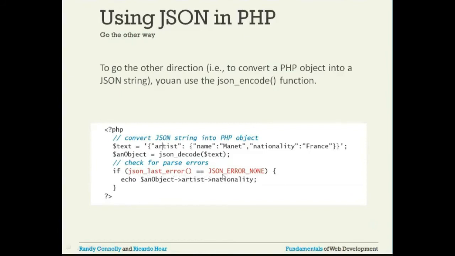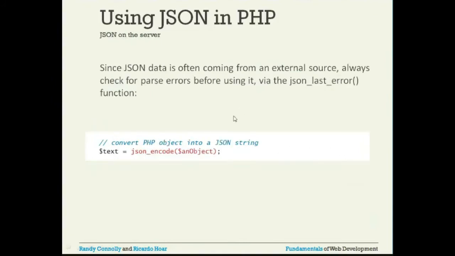So both are equal. If both are equal, this condition will be true only when there is no parsing error for the JSON. Once that is true, then we will access the values inside the JSON. Echo $object arrow operator artist arrow operator nationality, which will fetch the value of France.